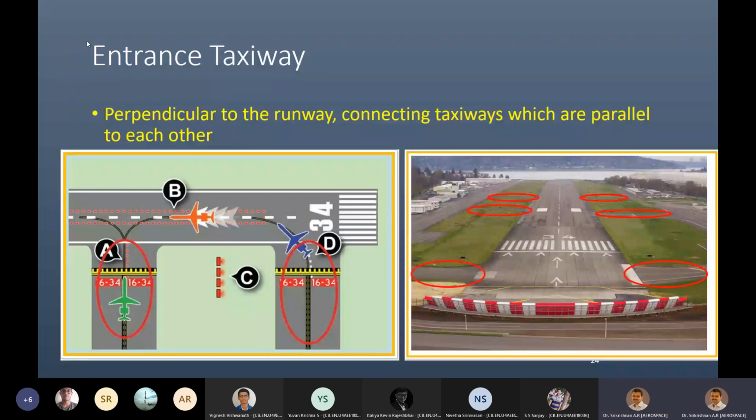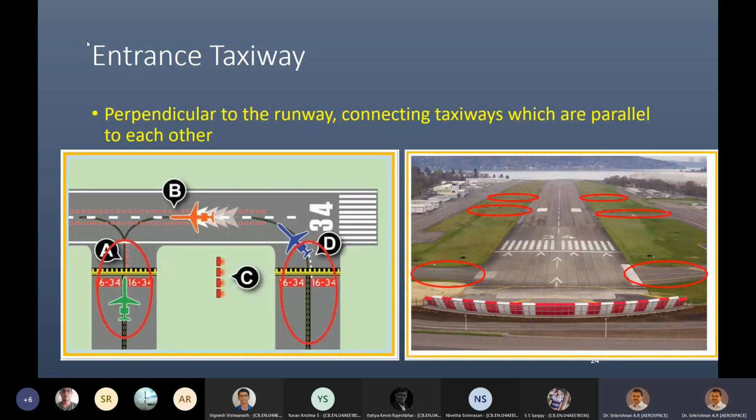Entrance taxiways, I guess, are obvious from the name. They let the aircraft enter onto the runway. So an aircraft which is ready for takeoff will take the taxiway referred to as the entrance taxiway.